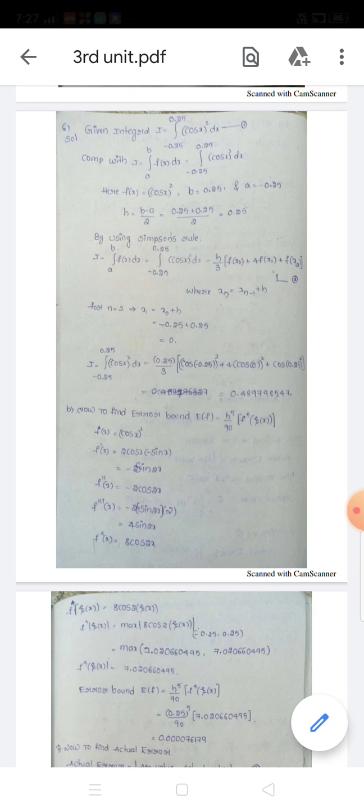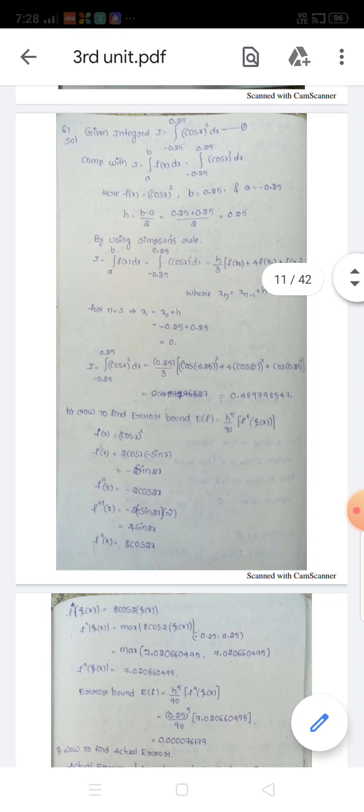Therefore I is equal to the integral from minus 0.25 to 0.25 of cos x square dx, equals h by 3, 0.25 by 3, into cos of 0.25 square plus 4 into cos of 0 square plus cos of 0.25 square.